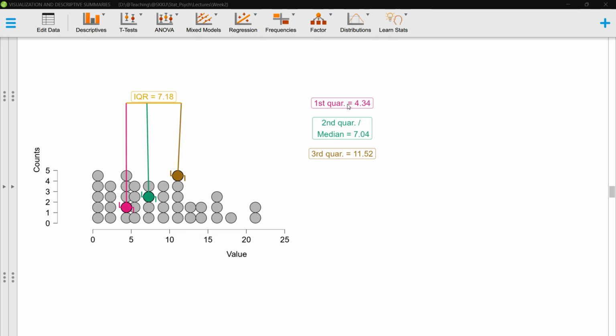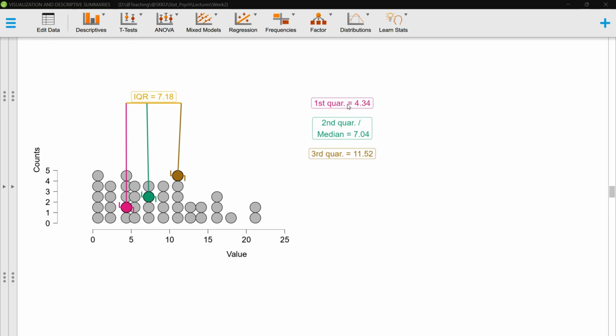The quartile information, the location of the three quartiles with the maximum and minimum value, gives us very useful information about the characteristics of the distribution, like the dispersion, the central location, and the shape of the distribution.